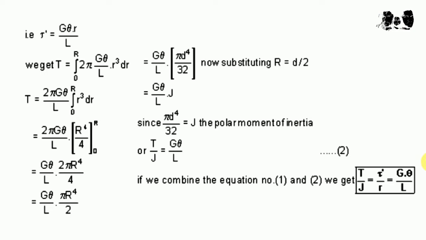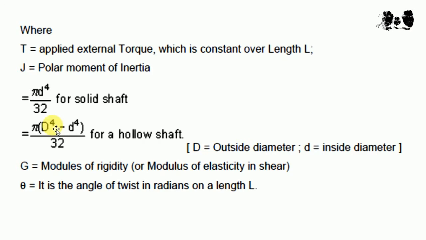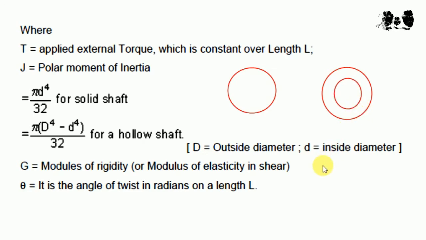The solid shaft has a diameter capital D or D naught, and the hollow shaft has two diameters, capital D and small d, the inner diameter and the external diameter.